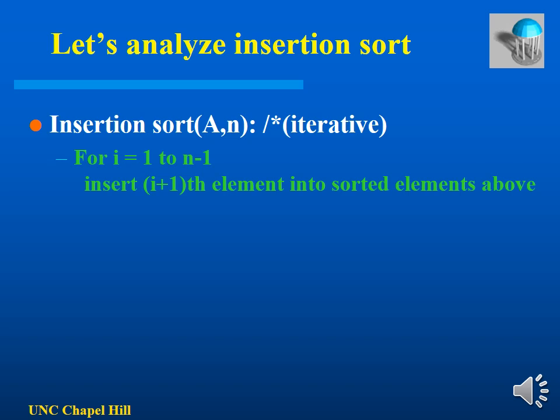More precisely, we need to compare the i plus 1th element to the one with the greatest key of the first i, that is to say the last element, the ith element.